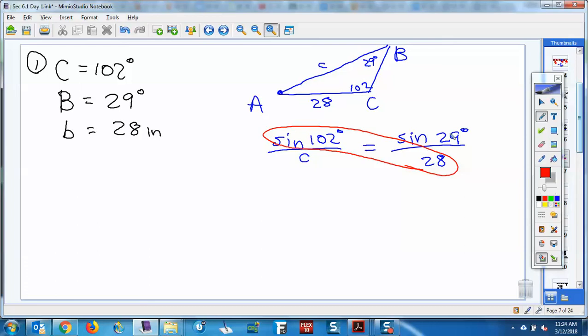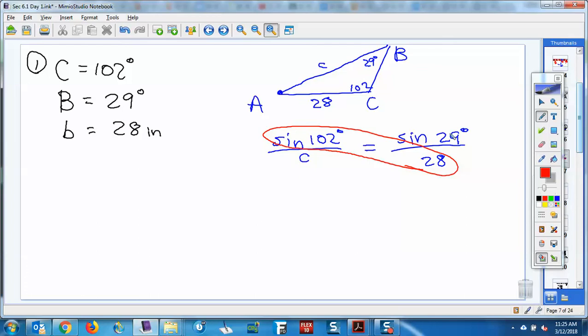Here's another little hint for you. If I'm typing this in, I'm going to type 28 times sine 102, because your calculator gives you that left parenthesis for sine, and it's a pain to remember the right parenthesis. If you do sine 102 times 28 and forget to hit that right parenthesis, that's going to be bad.